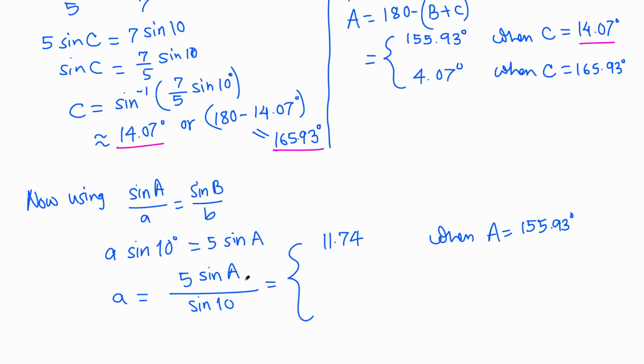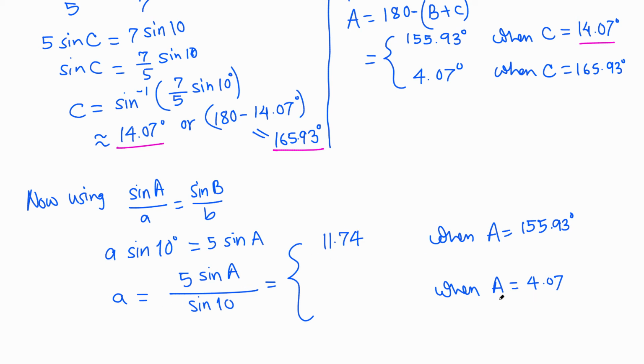Next, I'm going to take A equals 4.07, and this makes sense. Look, angle A and opposite side a: when angle A is big, the side is also big, and that's the case, since lowercase b is 5 and a is now 11.74.